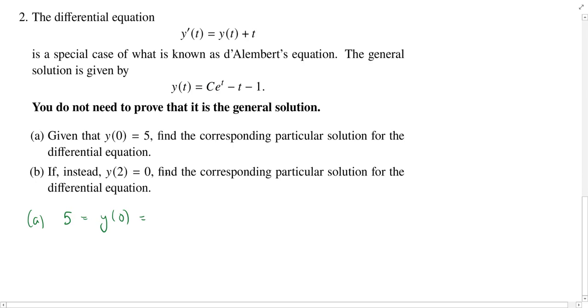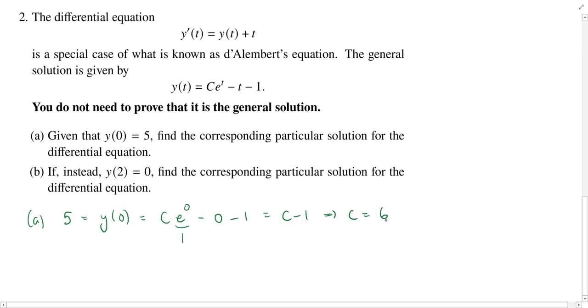So we have c times e to the, well, now the t is 0, so e to the 0 minus 0 and then minus 1. Now, an exponential with a 0 exponent is going to be 1. So we have c minus 1, and that's equal to 5. And so we conclude that c is equal to 6.